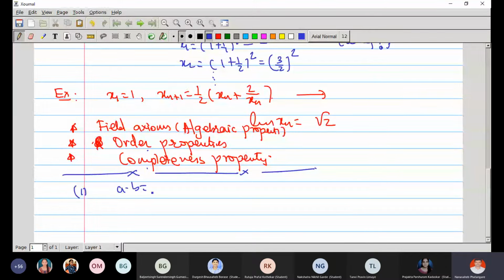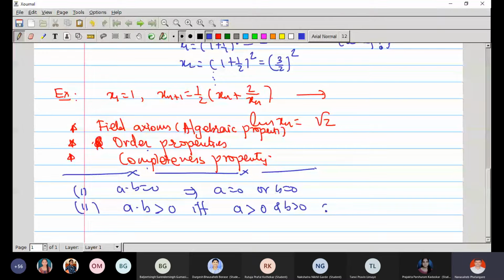A times B equals 0 implies A equals 0 or B equals 0. A times B is greater than 0 if and only if both are positive or both are negative. Correct.